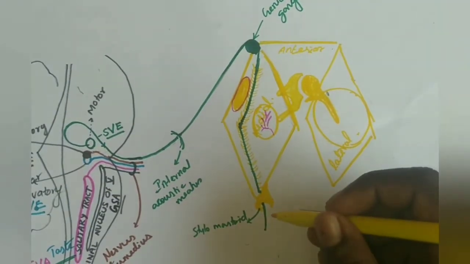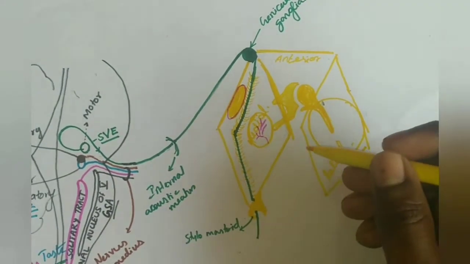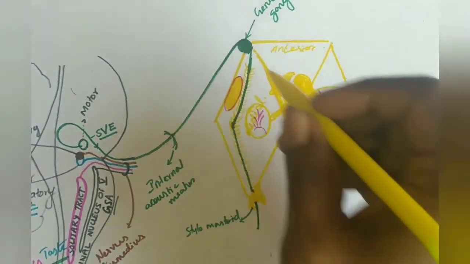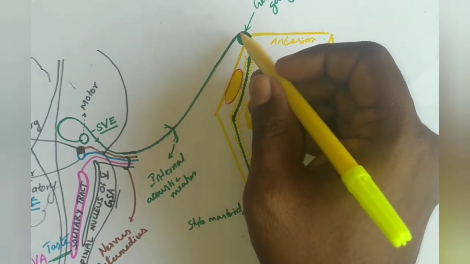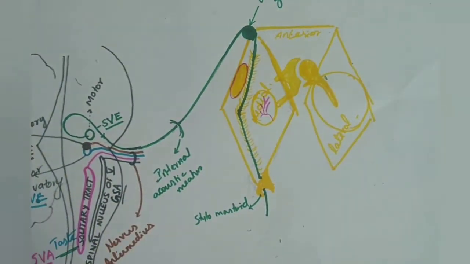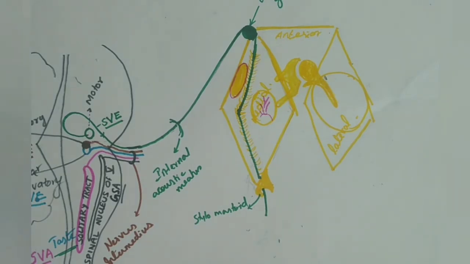Next, we'll study about the branches given off at different levels. First, the branch which is coming from the geniculate ganglia is called the greater petrosal nerve.